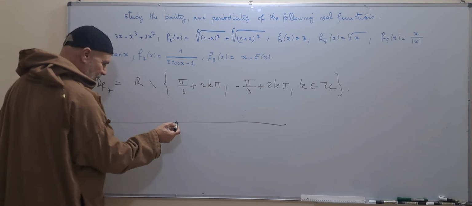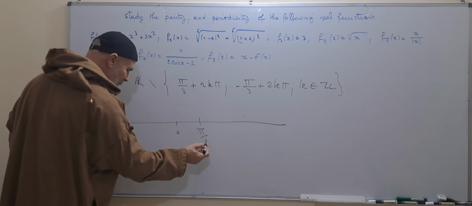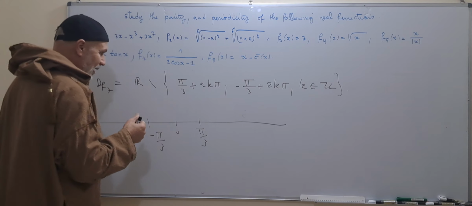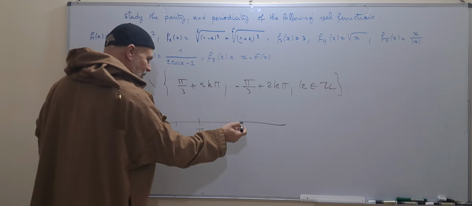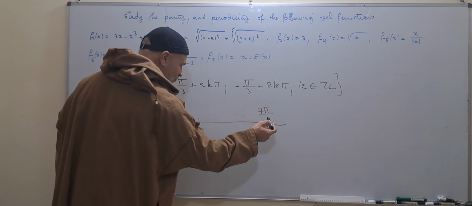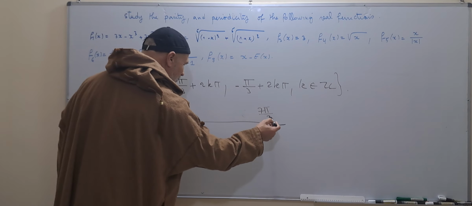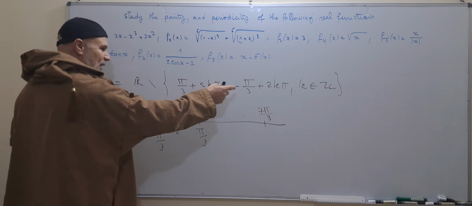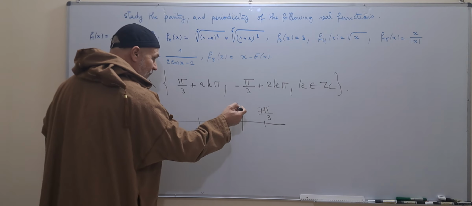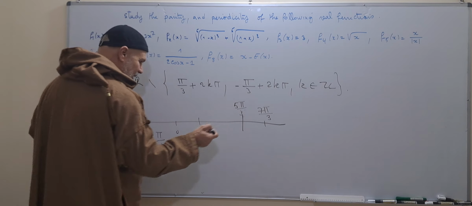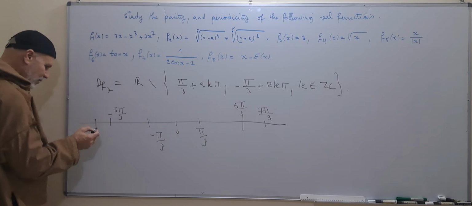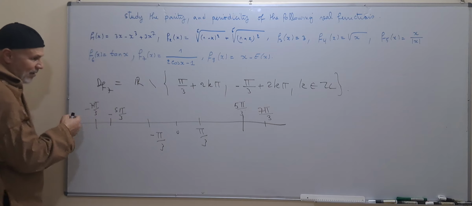For k equal to 0, we have here pi divided by 3, and here we have minus pi divided by 3. For k equal to 1, we have 7 pi divided by 3 and 5 pi divided by 3, and here we have minus 5 pi divided by 3 and minus 7 pi divided by 3, and so on.